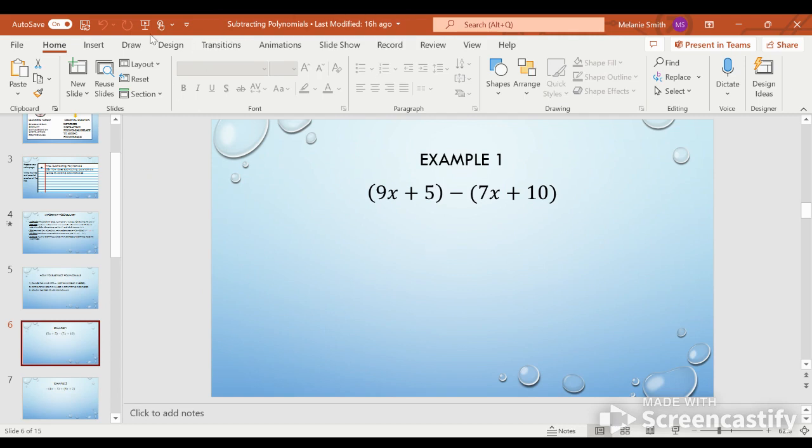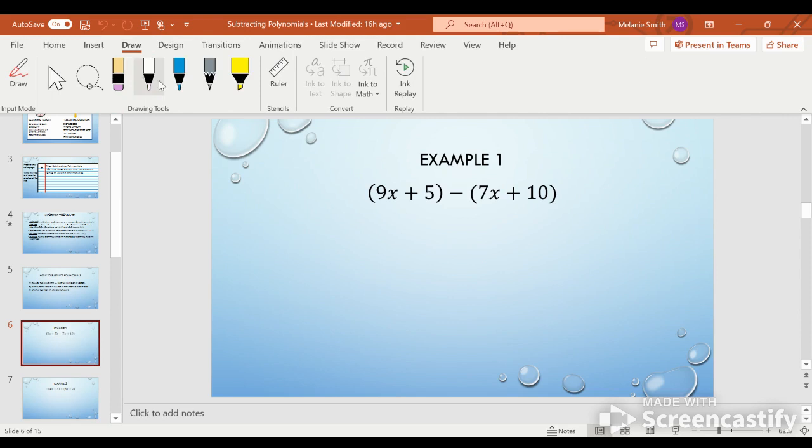So I want to take a look at this first example. Anytime I've got a minus sign like this in front of a parenthesis, a lot of times we think we're going to distribute the negative, but we can't distribute a negative.